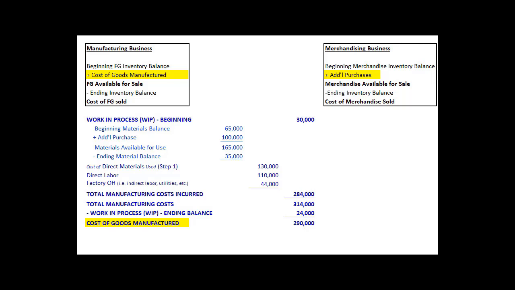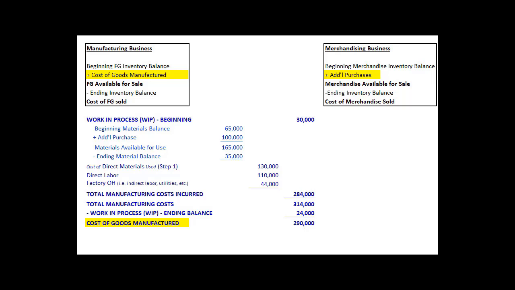But to get the direct materials, you need to calculate that, and you start with beginning materials balance, add additional purchases, then you have materials available for use, subtract ending material balance in order to get the direct materials used. Then with direct materials used, direct labor, and factory overhead, you have total manufacturing costs incurred.